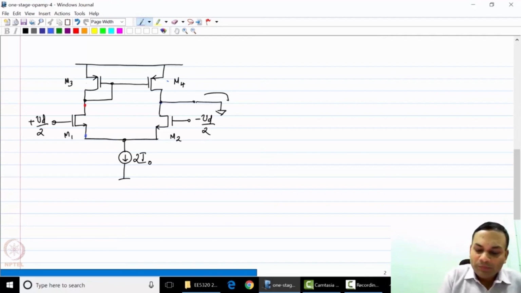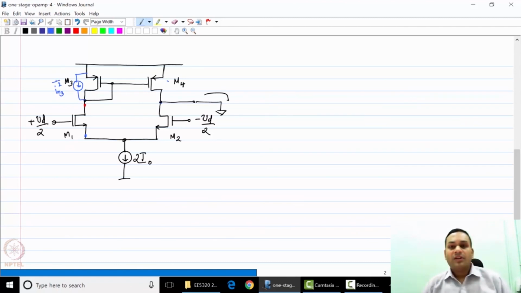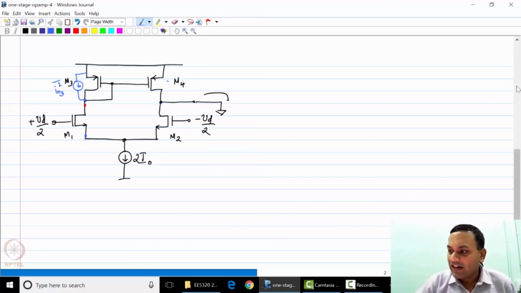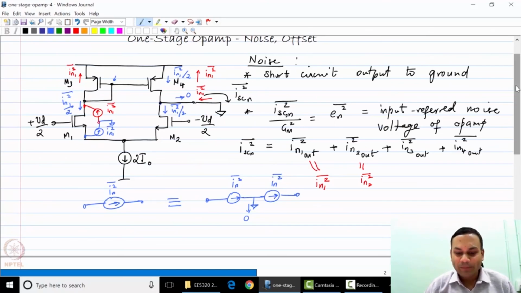So now let us assume that M3 has some noise current, which is IN3 squared. Now what happens to this current? Clearly the VDD node is a small signal ground for noise analysis. At this node, the current IN3 tries to split in two directions, and this is very similar to the red color noise source that we just analyzed on the previous page.